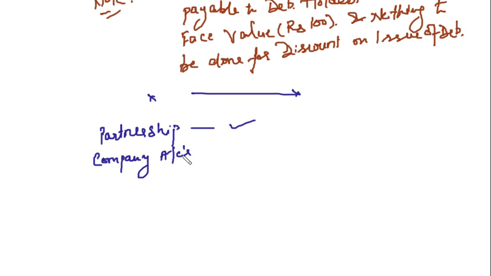And what else beyond this have we done? We have done cash flow statement, right? So we have covered the major part of your accounts paper. We have covered all the important topics, all the important problems.